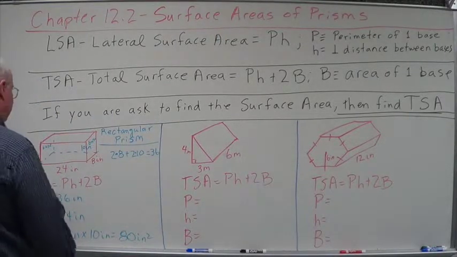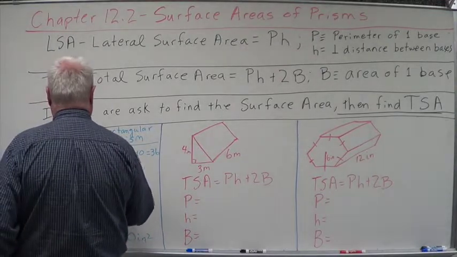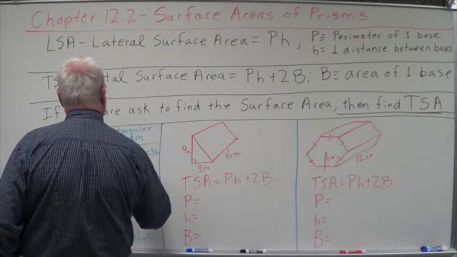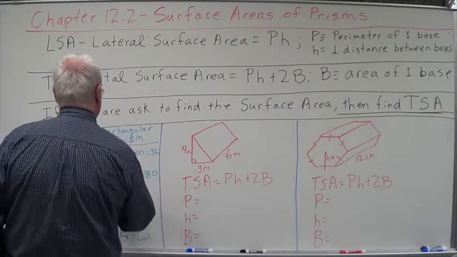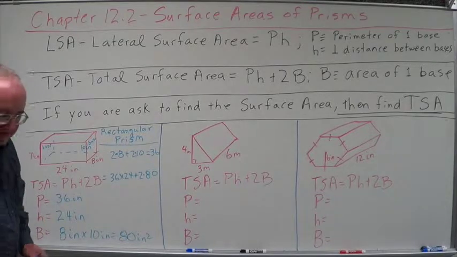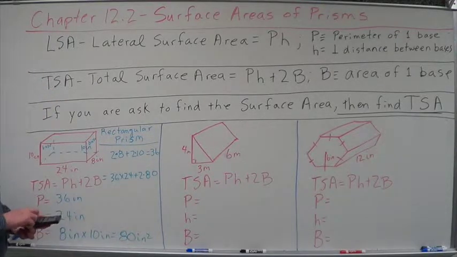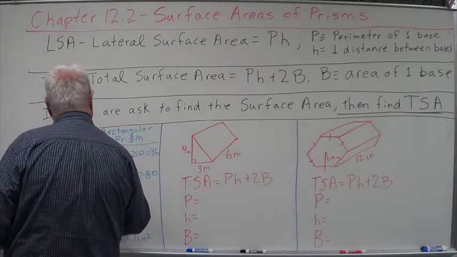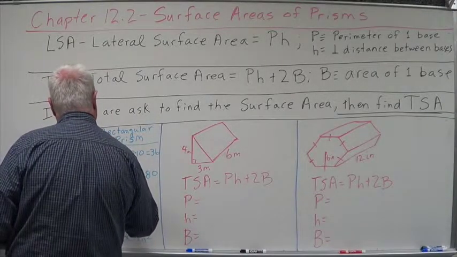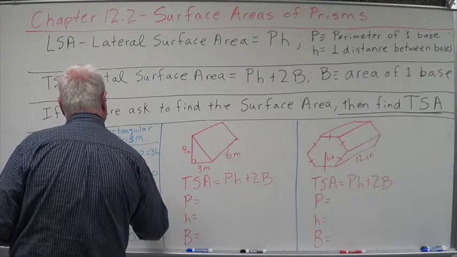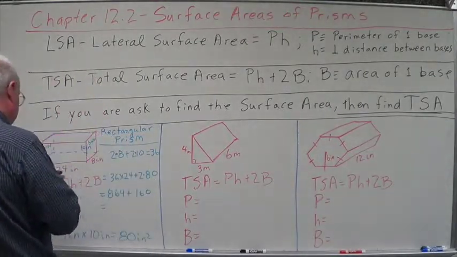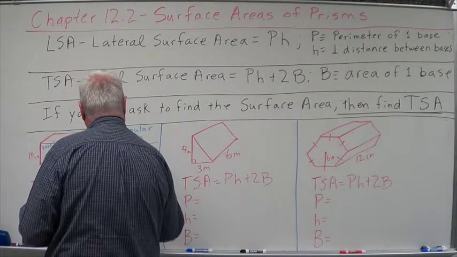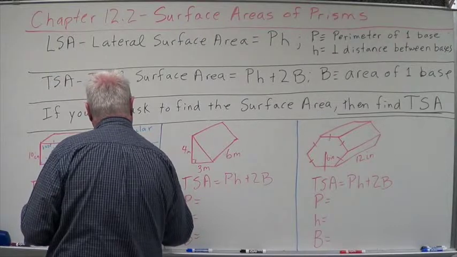Ready? So what's this going to equal? 36 times 24 plus 2 times 80. 36 times 24. Oh boy. Calculator, here it comes. 864, plus 160 equals 1,024 inches squared.